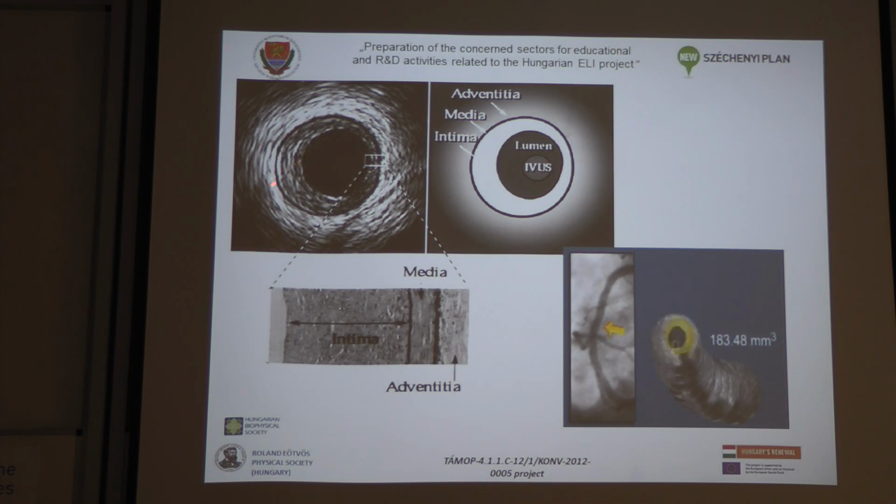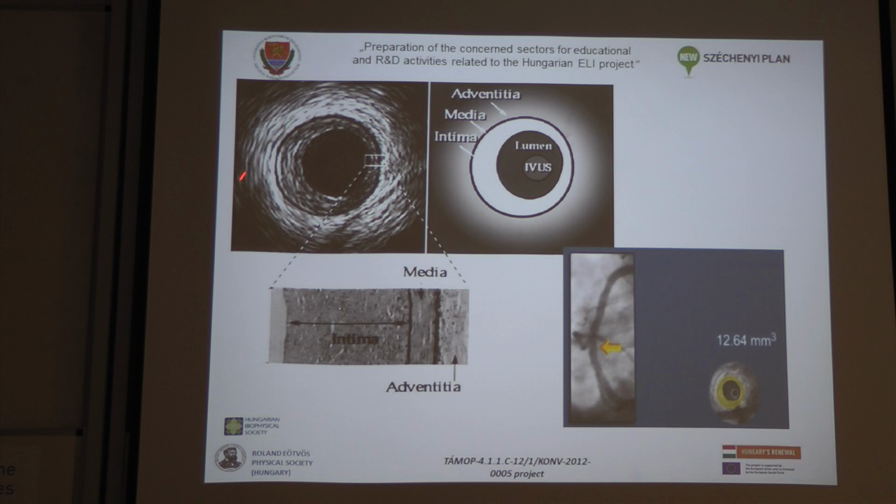And the outer layer, this media, this is the muscle, the smooth muscle layers. They tend to be, let's say, constant during our lives. It's only 100 microns or so.